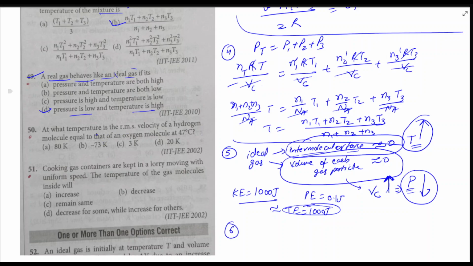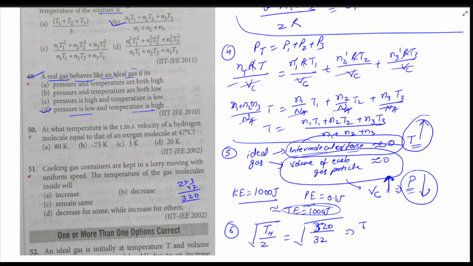At what temperature is the RMS value of a hydrogen molecule equal to that of oxygen? Okay, so this is quite easy. We'll just write for hydrogen: root of T of hydrogen divided by molecular mass of hydrogen, which is 2, will be equal to root of T of oxygen, which is 273 plus 47, so we have 320, divided by molecular mass of oxygen, which is 32, right?